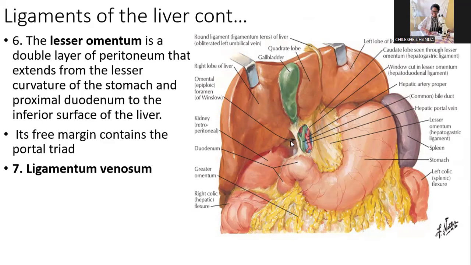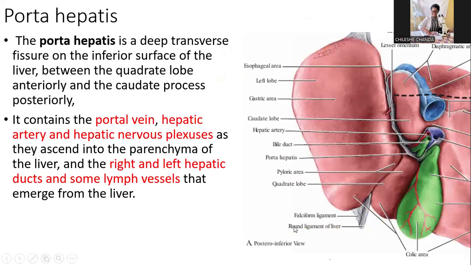This small hole there where the arrow is pointing is known as the epiploic foramen of Winslow, or omental foramen of Winslow. Those are some of the ligaments of the liver.